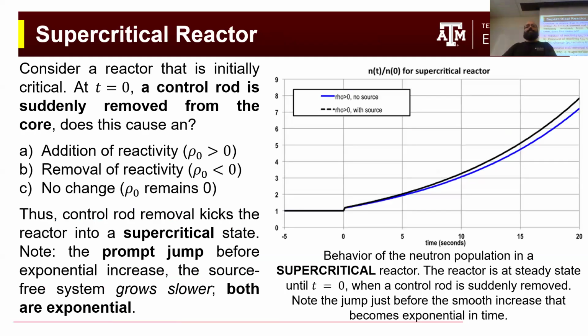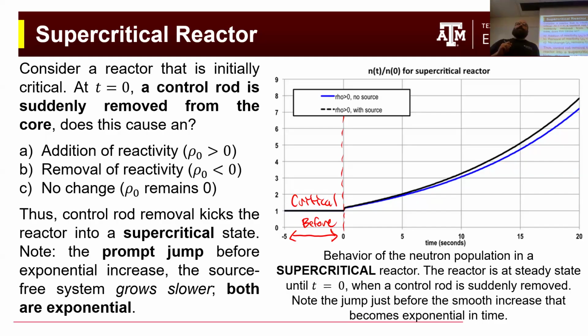So the next one I want to consider is, at t equals 0, the reactor is critical. So this is before the transient. The transient happens at t equals 0. So notice before, everything is steady because we were critical.